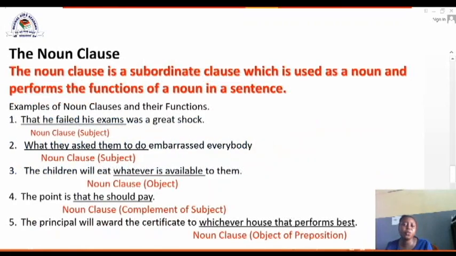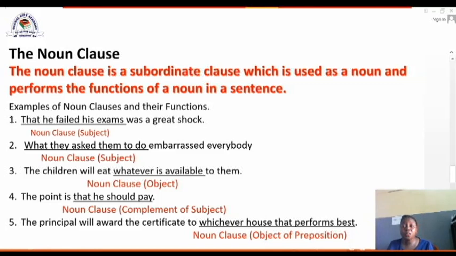So the noun clause. A noun clause is a subordinate clause which is used as a noun and performs the functions of a noun in a sentence. It is used as a noun and performs the function of a noun in a sentence. Examples of noun clauses and their functions. Before we discuss that, let us remember that nouns are naming words, and we have identified their functions as subject of the verb, object of the verb, subject complement, and object or complement of the preposition.